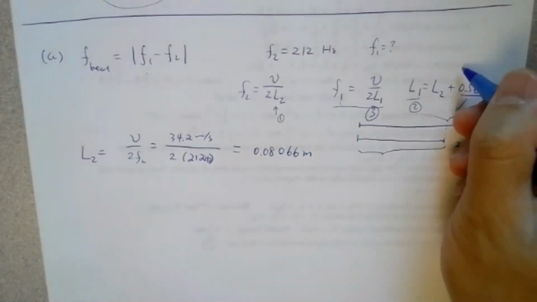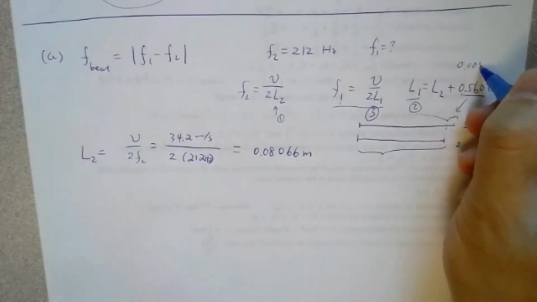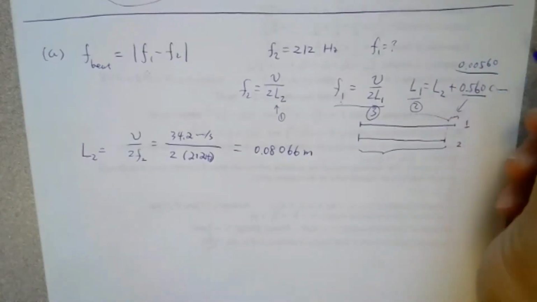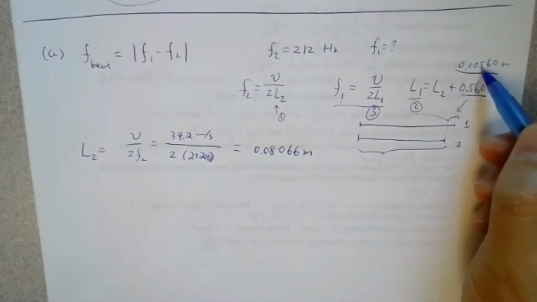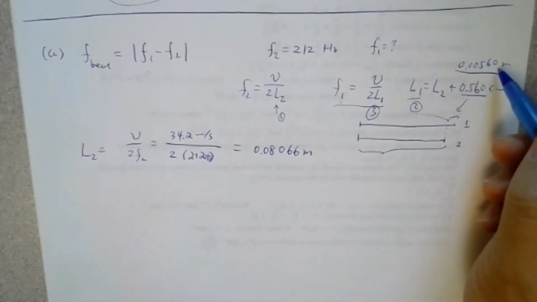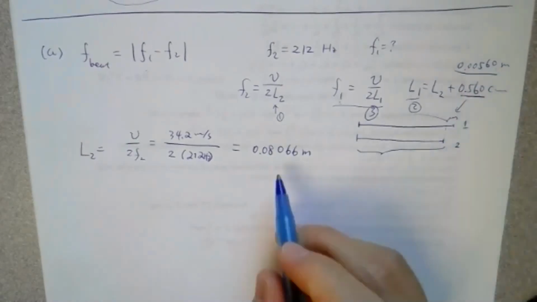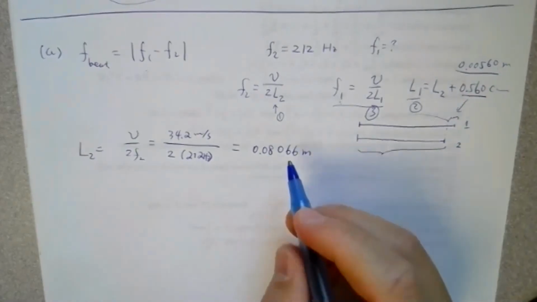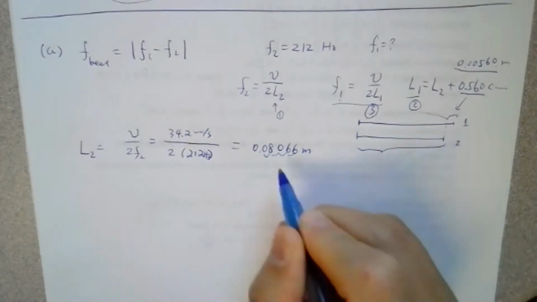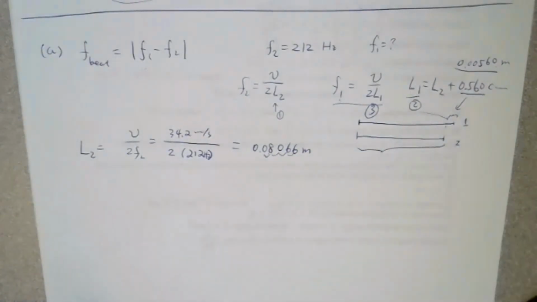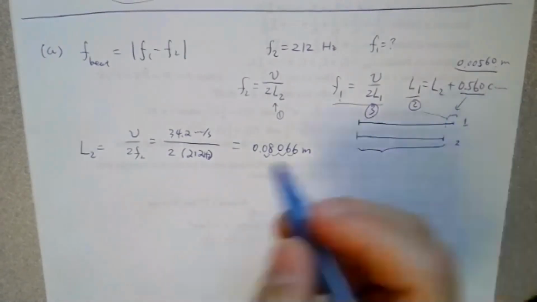This one is in centimeter. You can convert it into meters, 0.00560. So you have 1, 2, 3, 4, 5 decimal places, which means you want to keep about 5 decimal places here. Once you have that, you can calculate your L1.